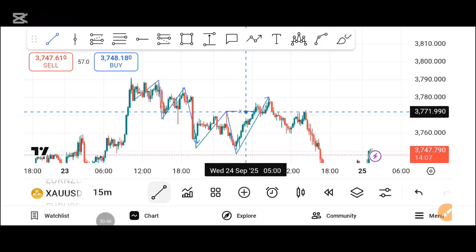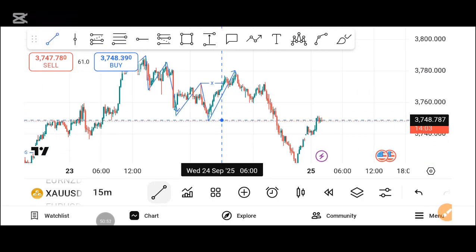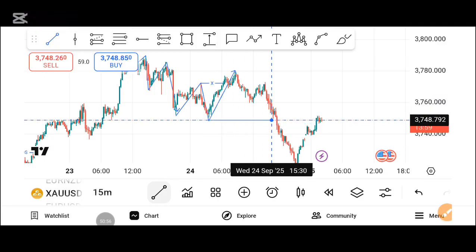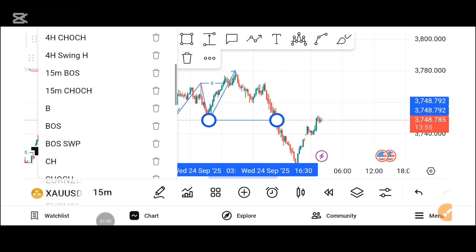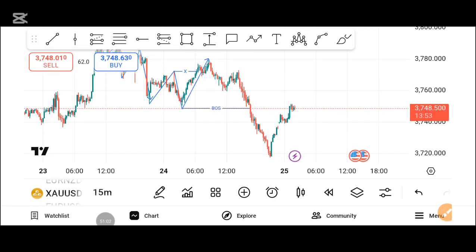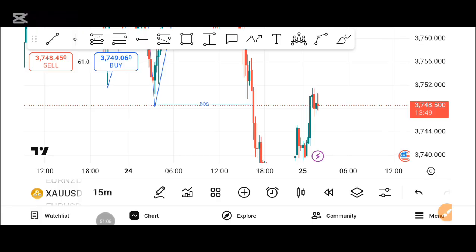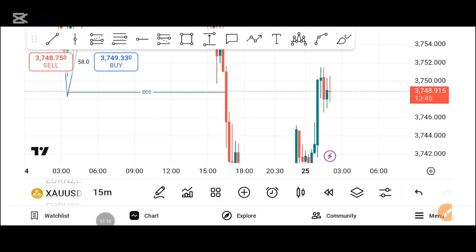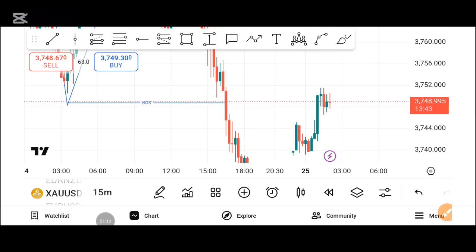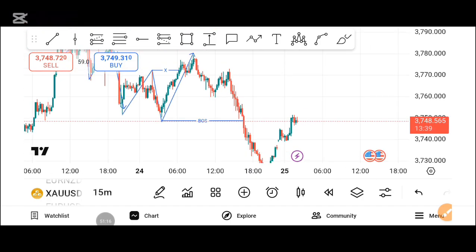So after this inducement is taken out, we can fully mark our break construction, which is this. Alright. So that is it.